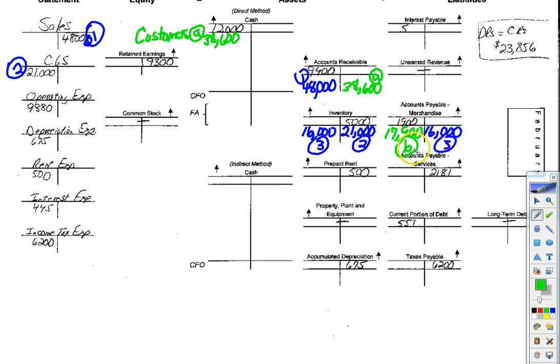I'll label it B. So they paid 17,900 cash for the goods. So if cash went out, put it on the downside up here, 17,900. Transaction B, and that is cash paid for merchandise. So actually to our suppliers of merchandise. But I'll just put merchandise there, and that's enough to remind us that was for suppliers of merchandise. So we have a debit to accounts payable, credit to cash.